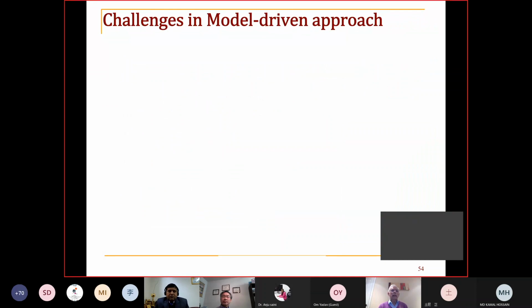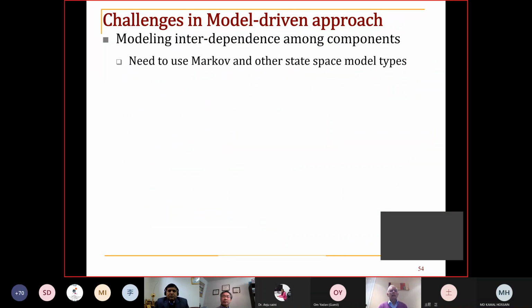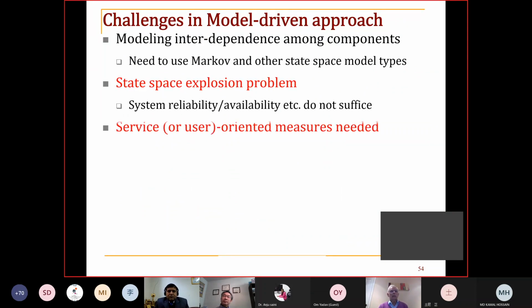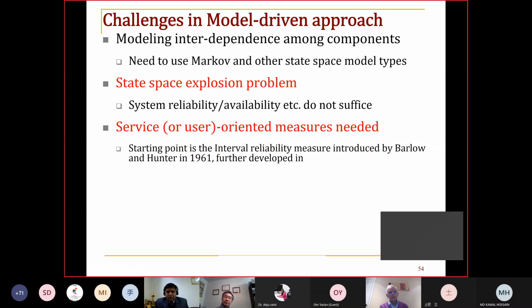So since we are coming to an end, I would like to briefly mention the point that this state space explosion that we have talked about, but still the problem is that system reliability and availability models do not suffice. We need to move to service or user-oriented measures, such as the DPM that we mentioned.